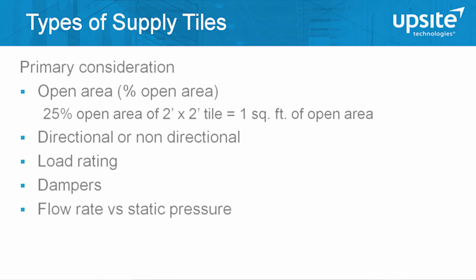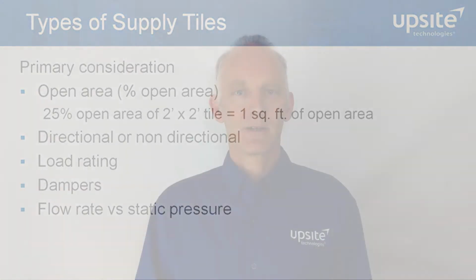Dampers can be very useful because, as with all supply tiles, the goal is to manage the amount of air that comes out of the raised floor to meet the needs of the IT equipment in that area adjacent to the supply tile. So if you don't need as much air as comes out of a tile with no damper, a damper can be helpful, or a different type of tile with a smaller open area.